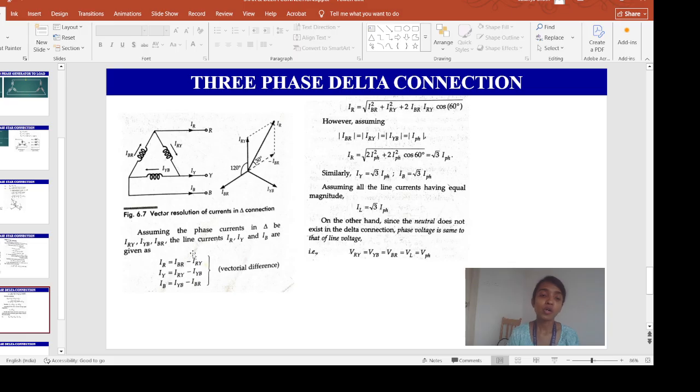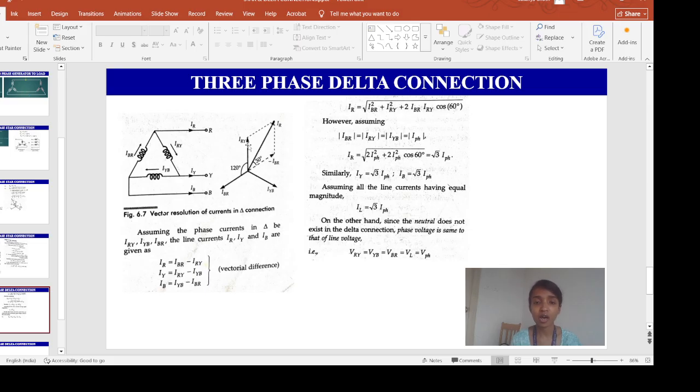So if I want to represent each of these line currents in terms of vectors, how will we represent? Better to represent the phase currents IRY, IYB and IBR, because we know they are 120 degrees out of phase from each other.